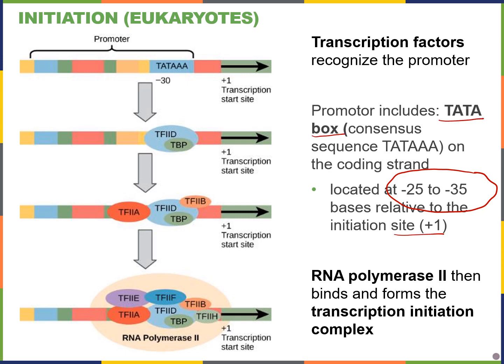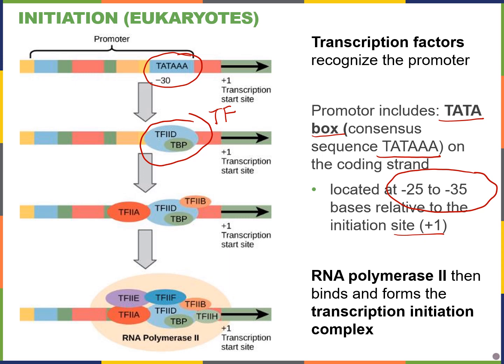This is our consensus sequence in eukaryotes, and the sequence is TATAAA. We see the sequence in pretty much all eukaryotic cells, and it's always located within the promoter. This sequence is what our transcription factor recognizes and binds to, and this is the first transcription factor that's laid down.